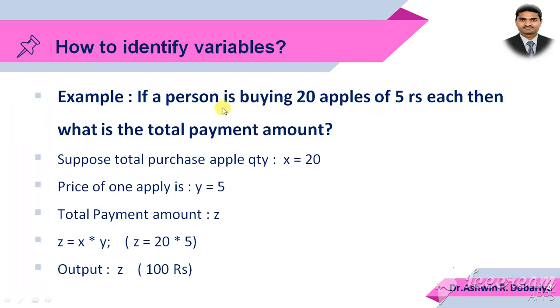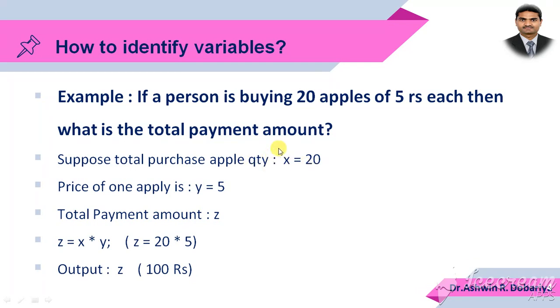In that case, what generally is the solution? We guess certain variables. We write like this: suppose the total purchased apples are X. Here we generally guess one character like X, P, Q, A, B, whatever you want. Some students may write: total purchased apples is A equal to 20.